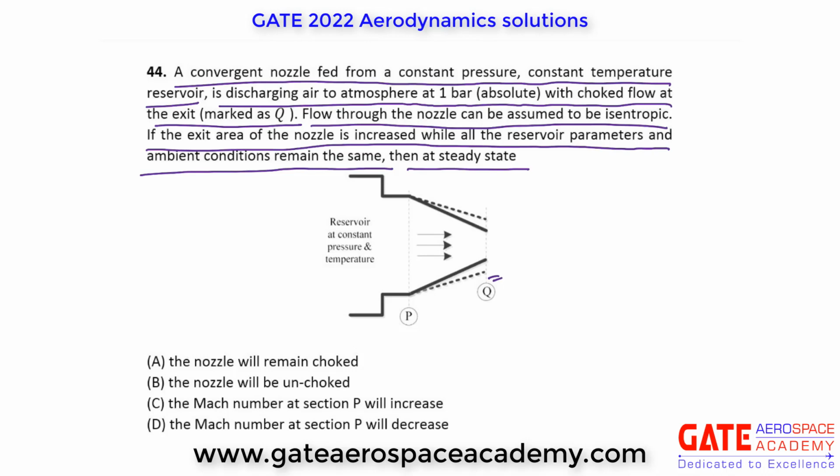There were a number of such questions in the test series, in the full length mock tests, subject wise tests, and even topic wise tests, that is 1D flow test level 1 and level 2. Both tests had questions where we change parameters for choked flow, like changing the area, reservoir pressure, reservoir temperature, and exit pressure. Here, the reservoir pressure and temperature are constant.